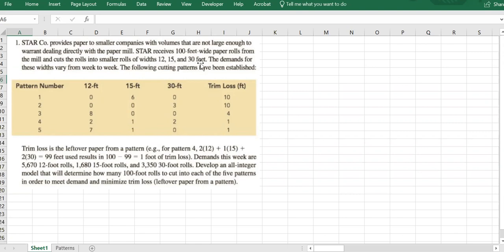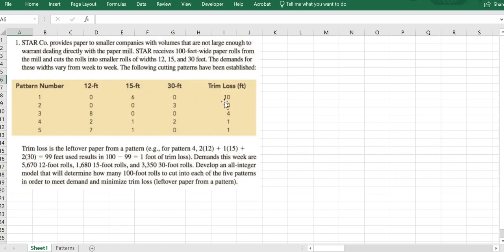rolls. So we're assuming in this question that they can only do it in either of these 5 patterns. And so, for example, in pattern 1, if you assume a 100 feet wide paper roll, if they cut it in only 15 feet pieces, they're going to end up with 6 15 feet rolls.